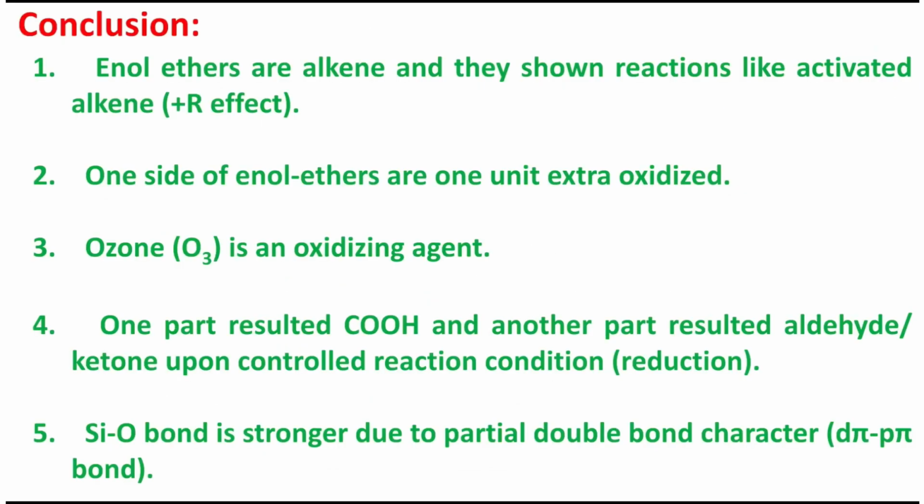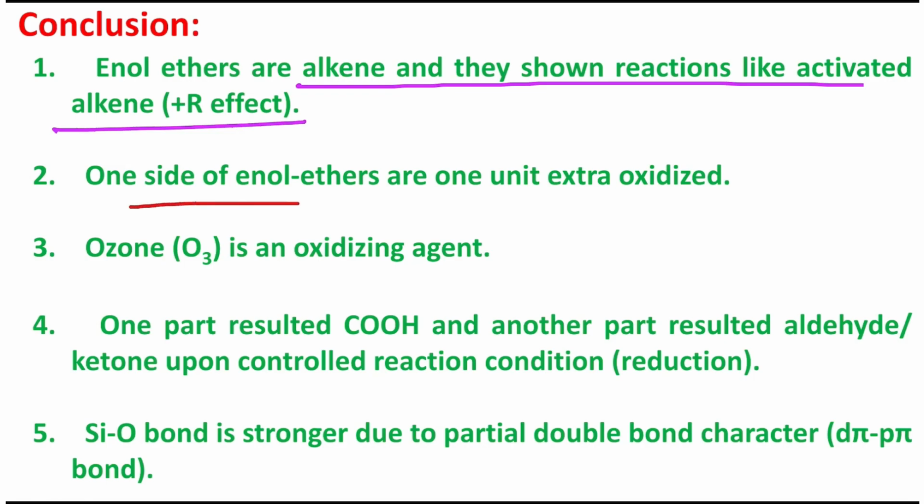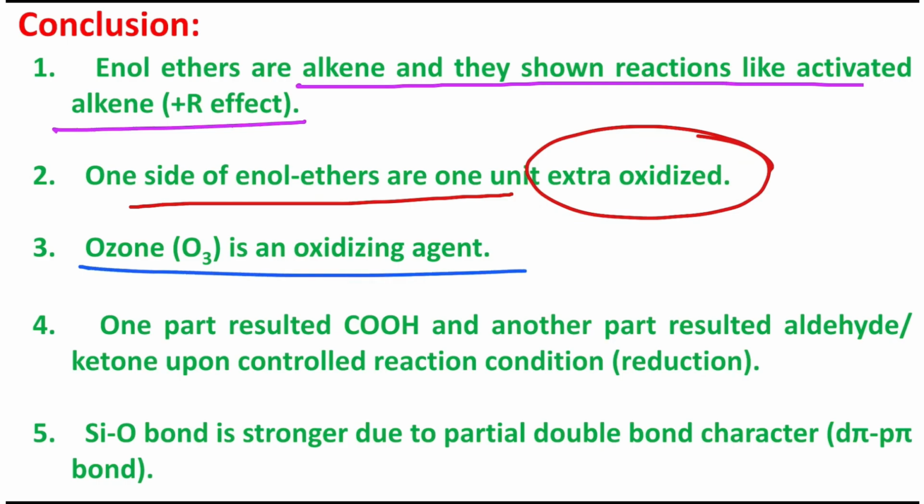Now in conclusion, what you have learned today: enol ethers are alkenes and they show reactions like activated alkenes, under the effect of oxygen. One side of the enol ether is oxidized by 1 unit extra oxygen because the carbon-oxygen bond is there, and ozone is actually an oxidizing agent, student.